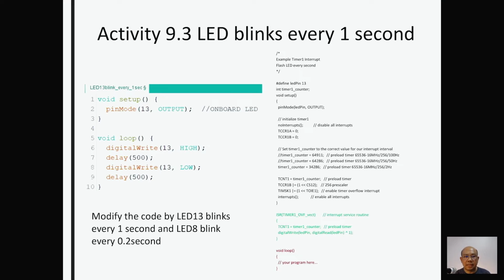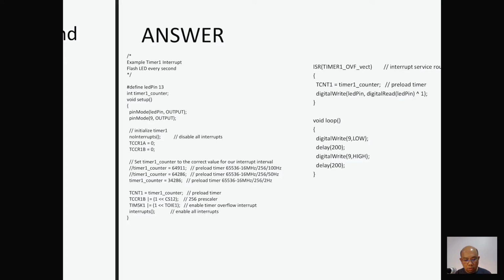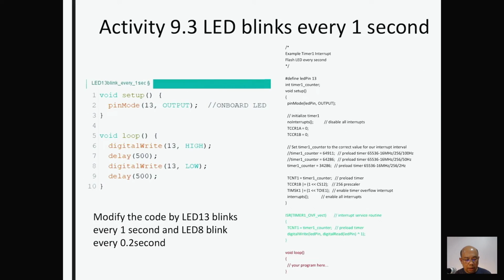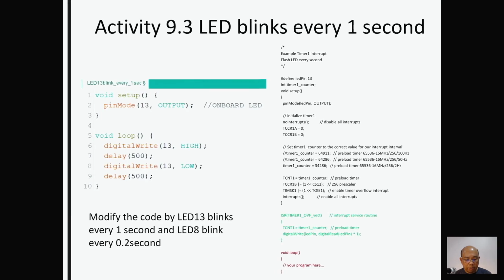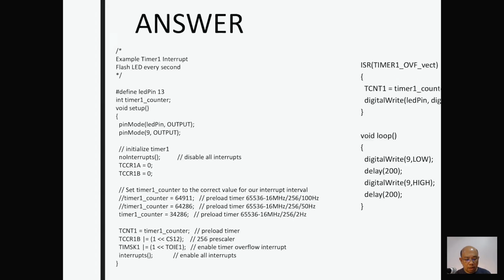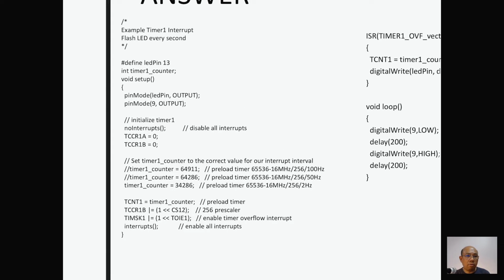A timer interrupt is a timer inside the CPU. With the timer interrupt you set the activation every 500 milliseconds automatically. So this is the answer from source code example 9.3. If you have time, you can bring an Arduino board and write the code to test the interrupts.